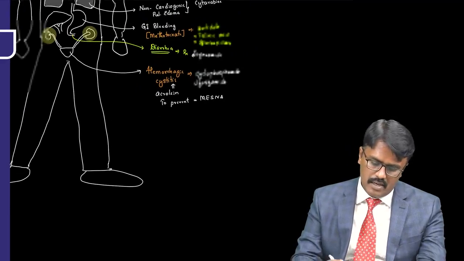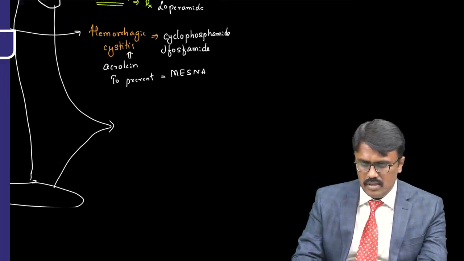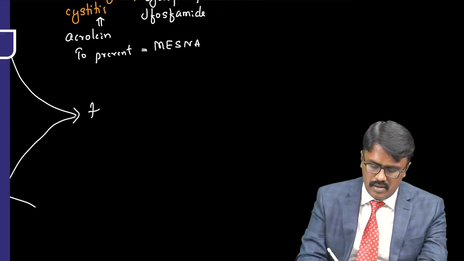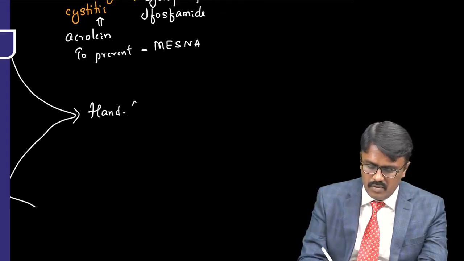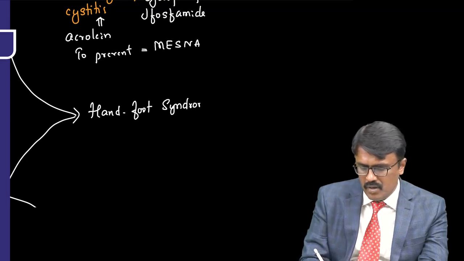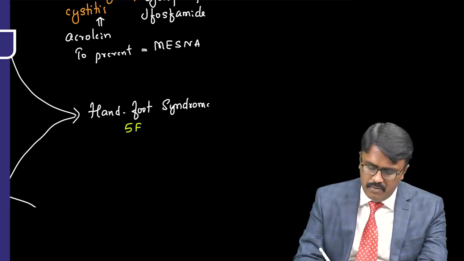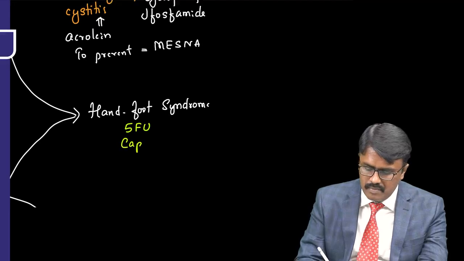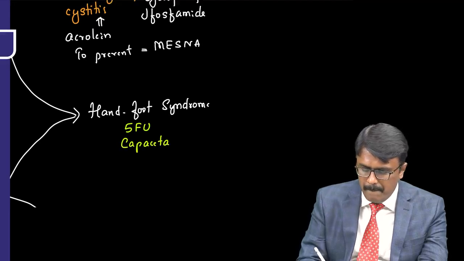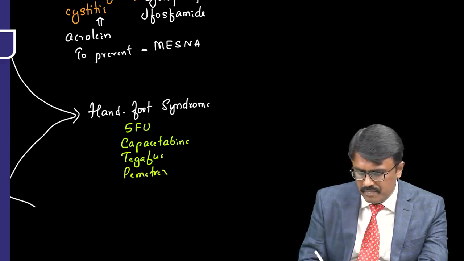Now you can see in the diagram the hand and foot. So there is a syndrome called hand-foot syndrome. The drugs known to produce hand-foot syndrome are 5-fluorouracil, capecitabine, tegafur, and pemetrexed.